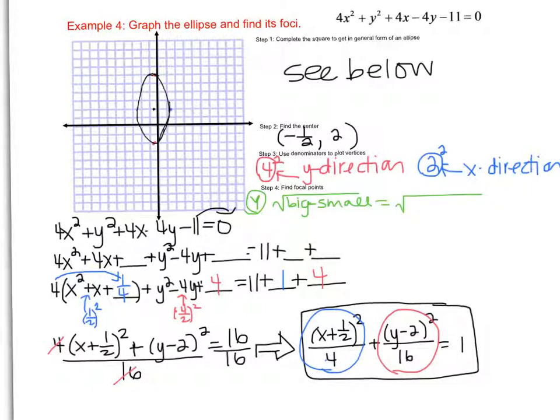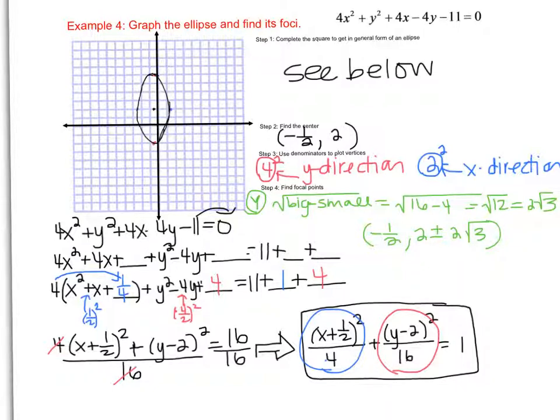So it's the square root of 16 minus 4, which is the square root of 12, which reduces to 2 root 3. Again, we're going to be moving from the center, which is -1/2, 2, but now we're changing the y direction. We're going up and down in the same direction as the major axis. So that's how we list our focal points.